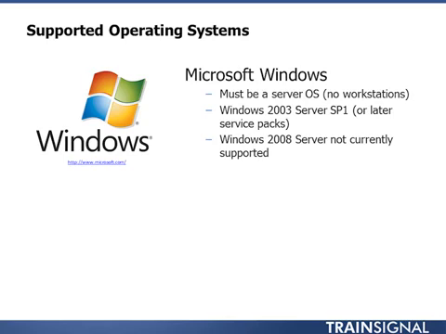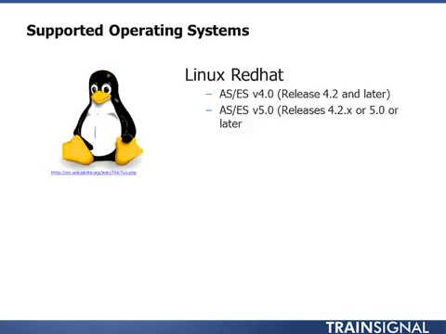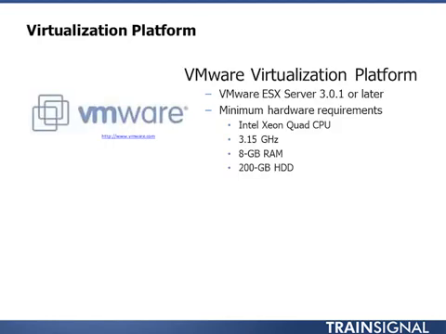It is not currently supported on Windows Server 2008 or 2012. It also runs on Linux Red Hat Enterprise Edition, and there you're looking at release 4.2 or release 5 or later. Now you can also run the wireless control system in a virtualized environment, and there you'd use the VMware ESX Server 3.0.1 or later.